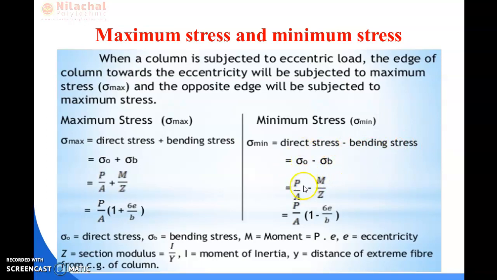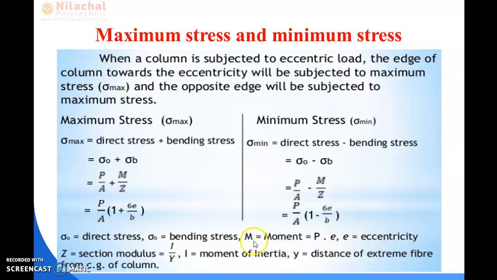So sigma 0 is equal to P by A and sigma b is equal to M by Z. And in terms of E and B, we can put the formula as P by A multiplied by (1 minus 6E divided by B), where sigma 0 is direct stress, sigma b is bending stress, M is the moment, and E is the eccentricity.